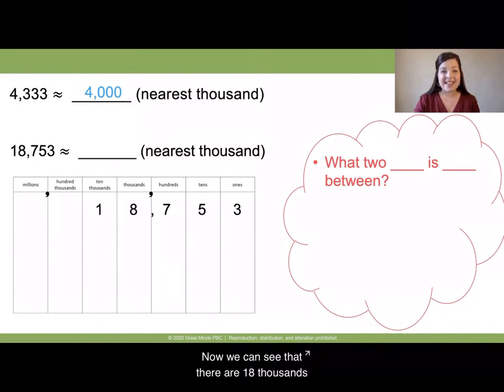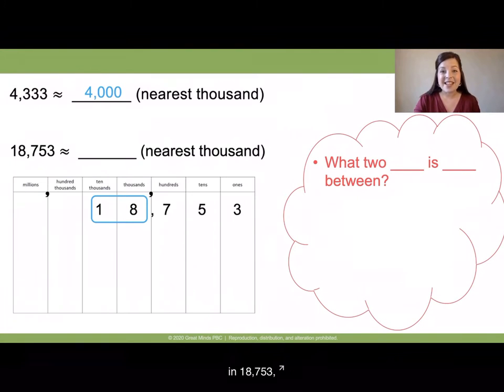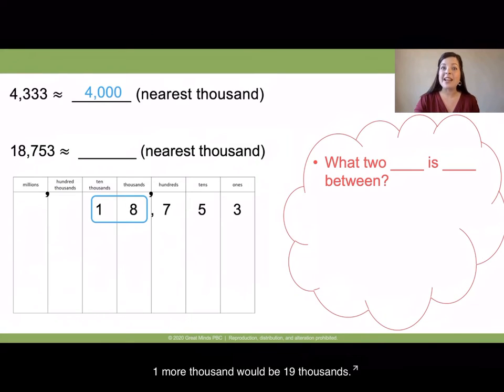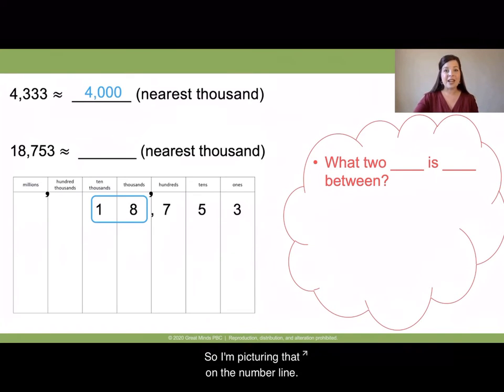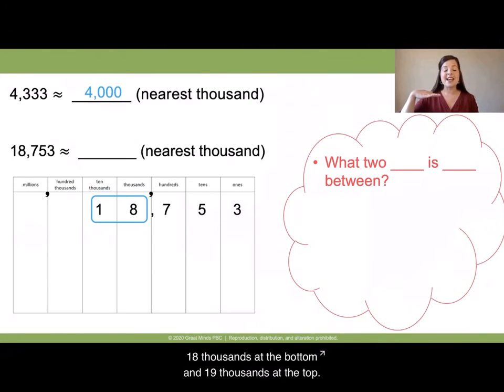Now we can see that there are 18 thousands in 18,753. One more thousand would be 19 thousands. So 18,753 is between 18 thousands and 19 thousands. So I'm picturing that on the number line, 18 thousands at the bottom and 19 thousands at the top.